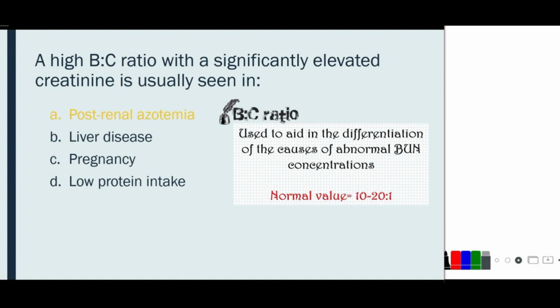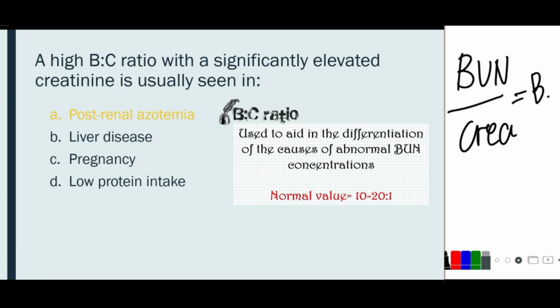So we have here your BUN and that of your crea equivalent to the BC ratio. So what I mean by this is that if there is an increase in the value of the BC ratio, this will be most likely because there was an increase in your BUN.